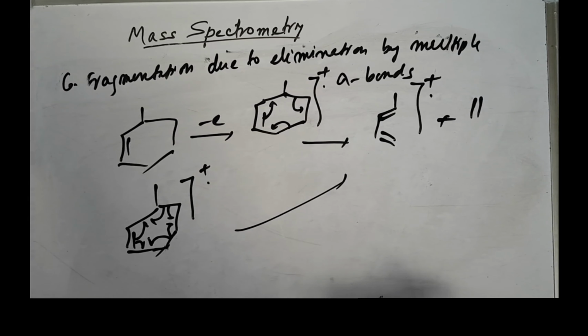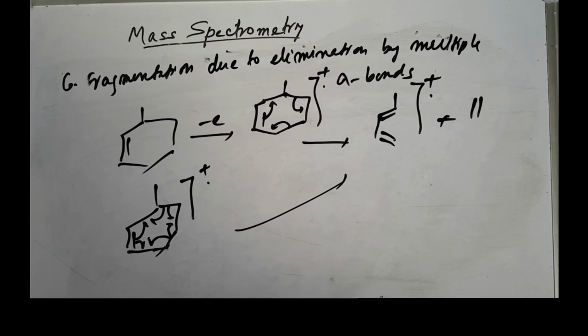So it's a study of the decomposition of the neutral species to give ions, and subsequent fragmentation of these ions is the basis, the principle of mass spectrometry. For example, when benzene is bombarded with electrons, one electron is knocked out, so you get the cation radical. Generally in mass spectrometry, cation radicals are studied.